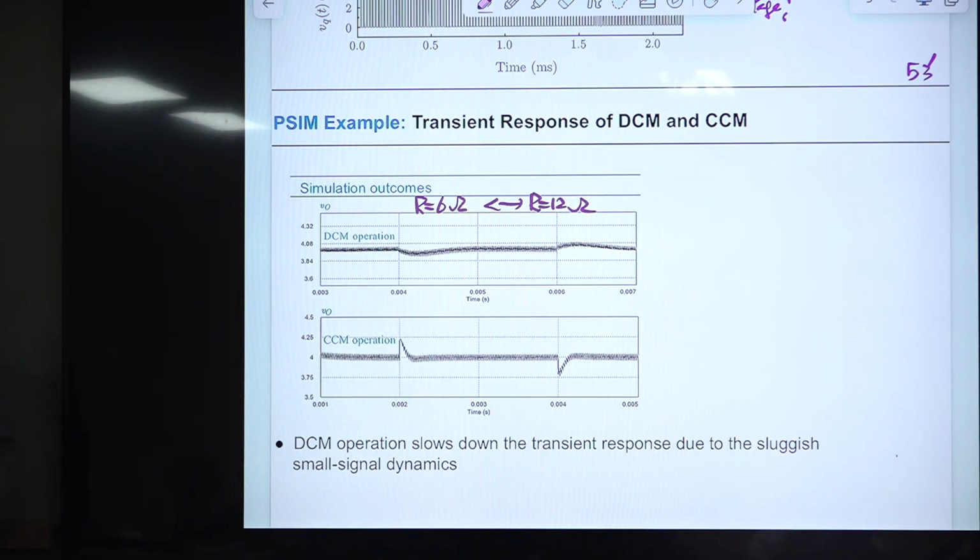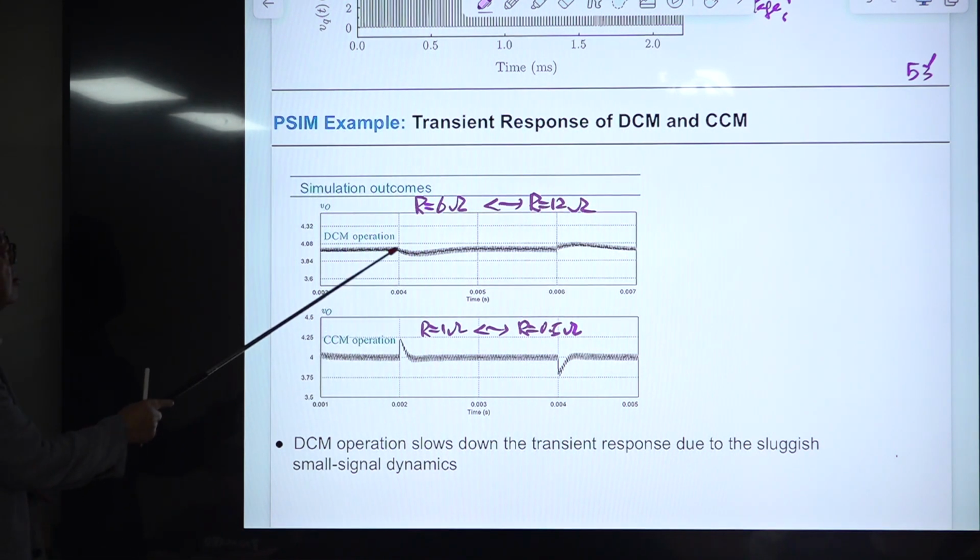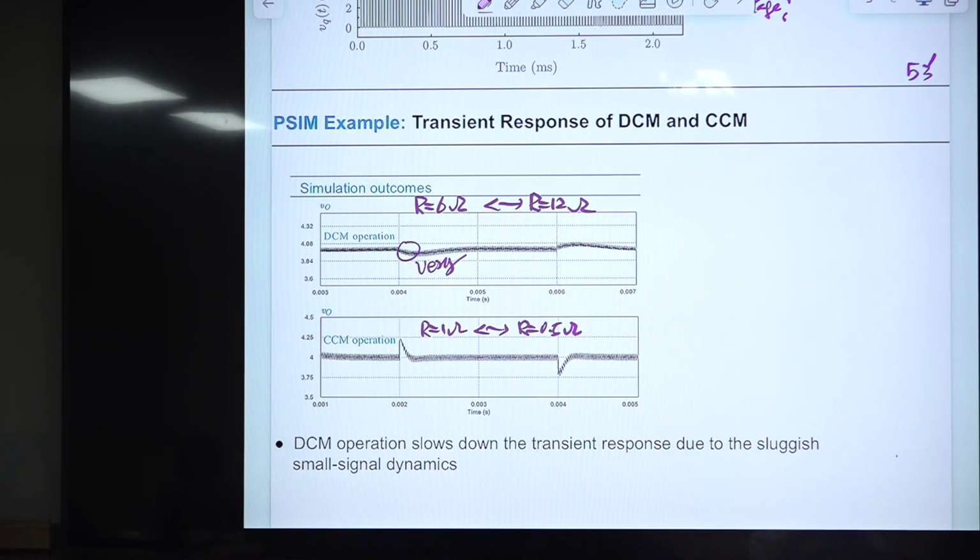Here I changed to R of 1 ohm and R of 0.5 ohm, which means the converter is always in DCM. The response is very fast. This is relatively slow. This is very slow. This is fast.